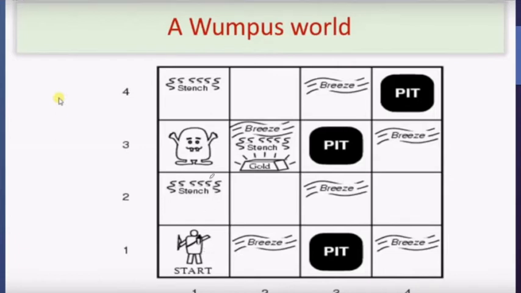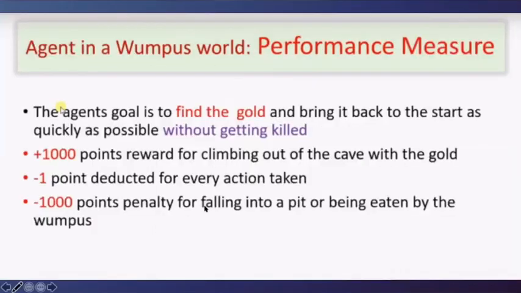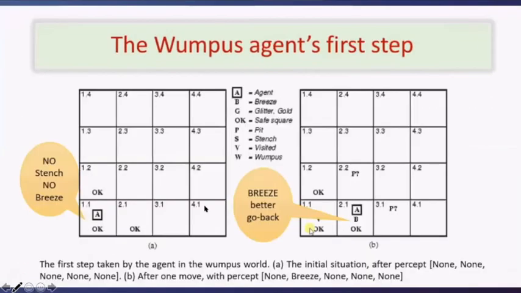There is no glitter, there is no bump, there is no stench, there is no breeze, and there is no scream. So nothing is there. So all are none. So if you see this particular percept, it says none, none, none, none, none. So initially all the percept is none here.